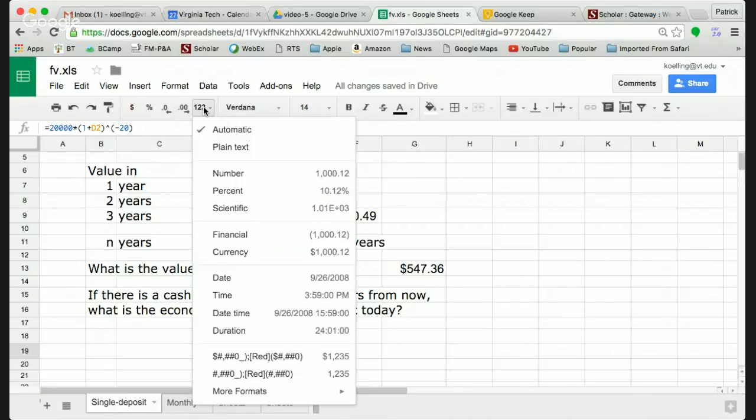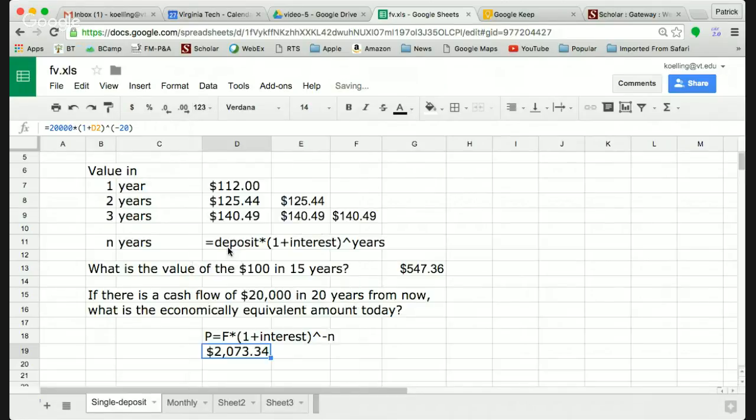Let's go back up here and format that to currency. We can see that it's $2,073.34.